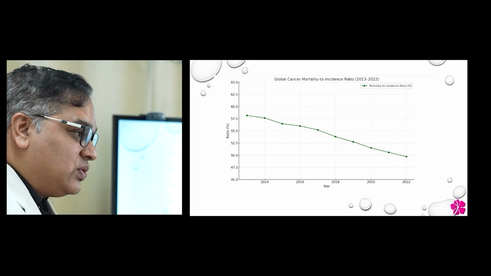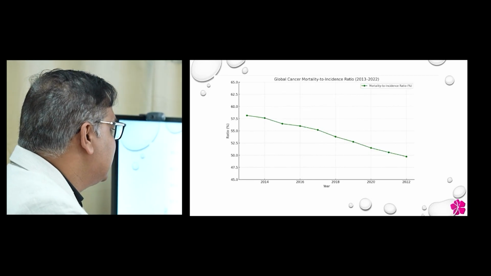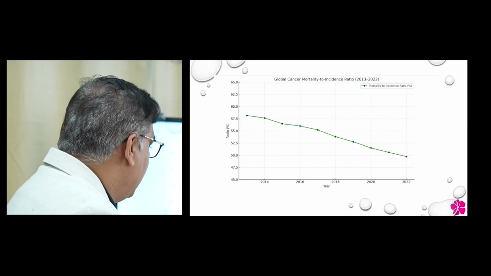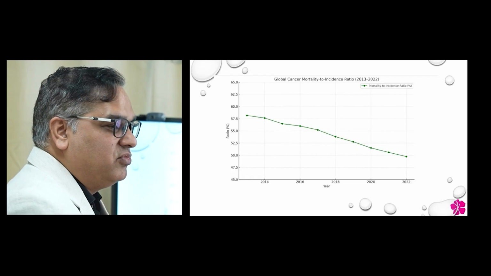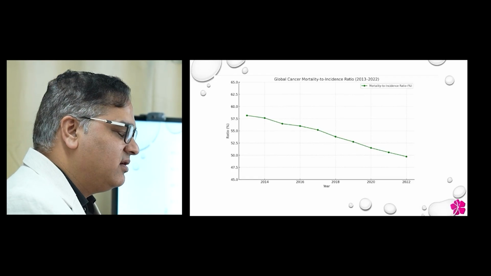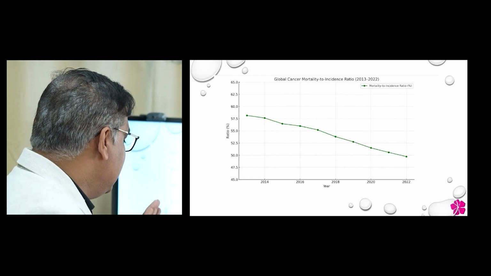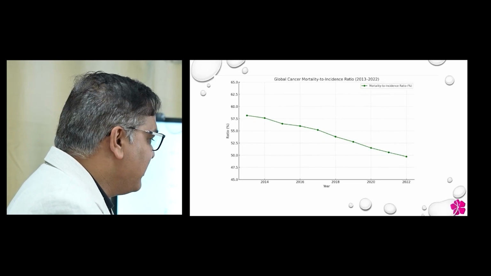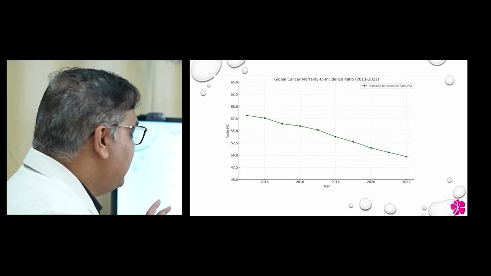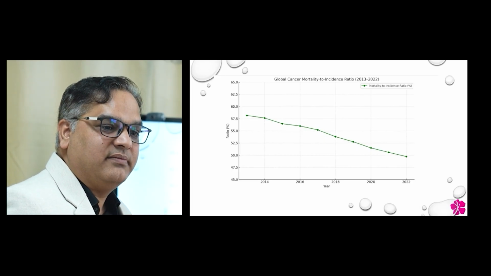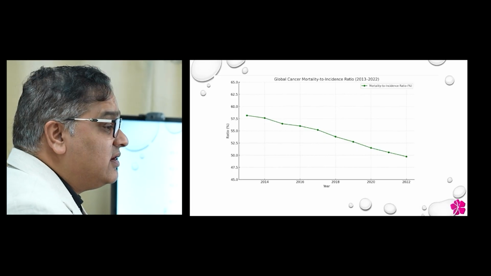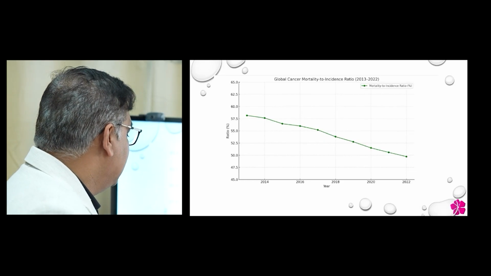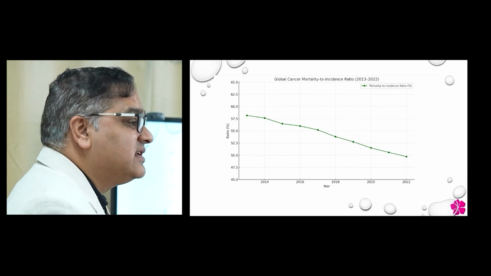So is the research working? If you see this graph, this is the global cancer mortality to incidence ratio for the last 10 years. We don't go back very far, so we'll take the last 10 years. In 2013, for every 100 patients diagnosed, there was around 58% mortality. Now coming to 2022, for every 100 patients, there is 50% mortality.